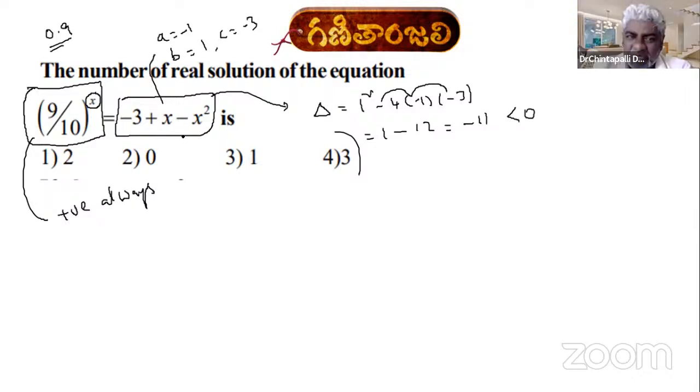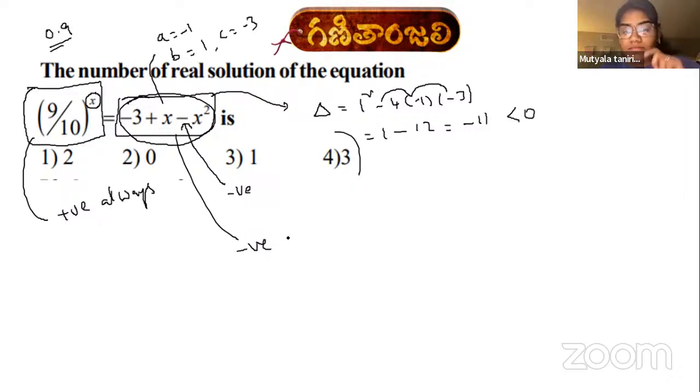So this expression is either always positive or always negative, depending upon its x square coefficient. What is its x square coefficient? Negative 1. So since the x square coefficient is negative and the discriminant is negative, the expression is always negative.